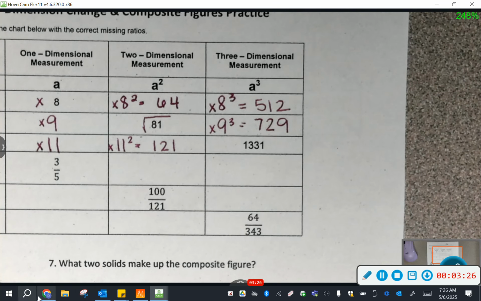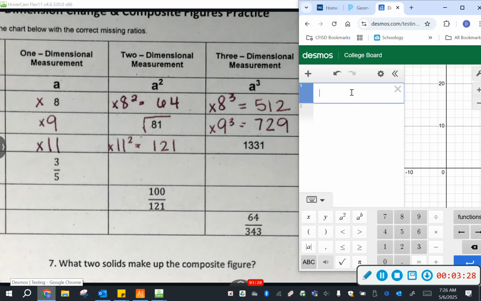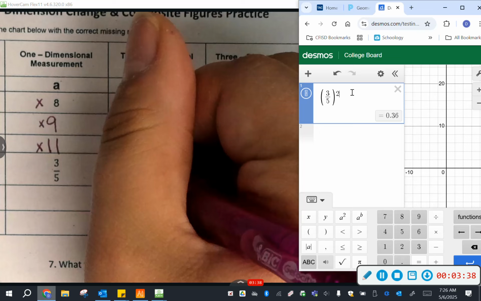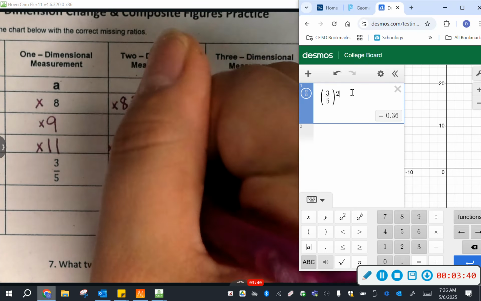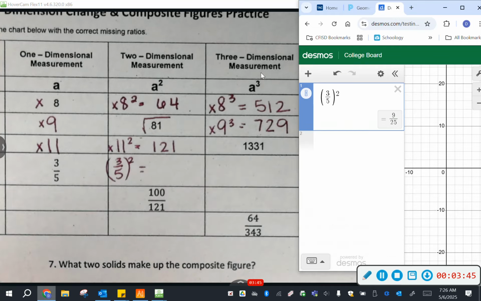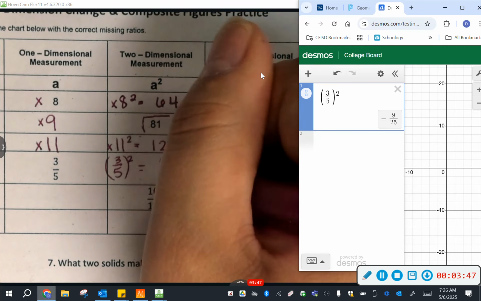All right? So 3 over 5. 3 over 5 squared. Again, 0.36. Yeah, that's right, but do I want a decimal? No, I don't care that it's a pretty decimal. I want a fraction. 9 over 25.